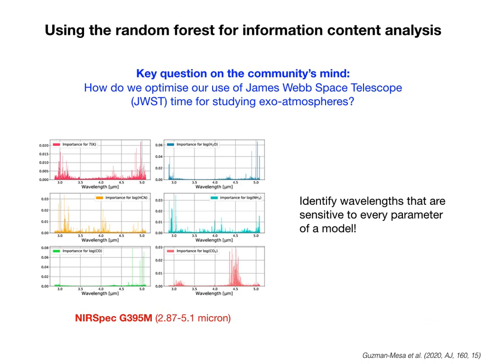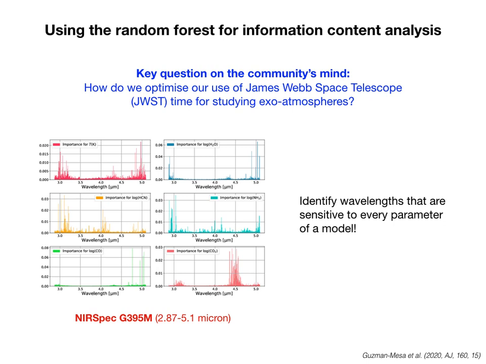And the other feature of the random forest, which also goes along this direction, is something called the feature importance analysis. So this tells you, as a function of wavelength, how important each wavelength is in determining the value of a parameter. And so I've shown a collection of examples using this instrument spanning 3 to 5 microns on the James Webb NIRSpec.